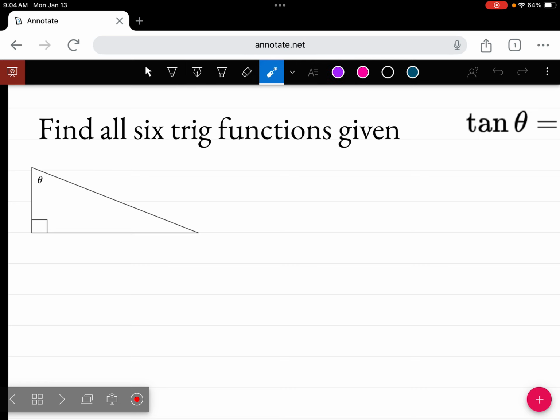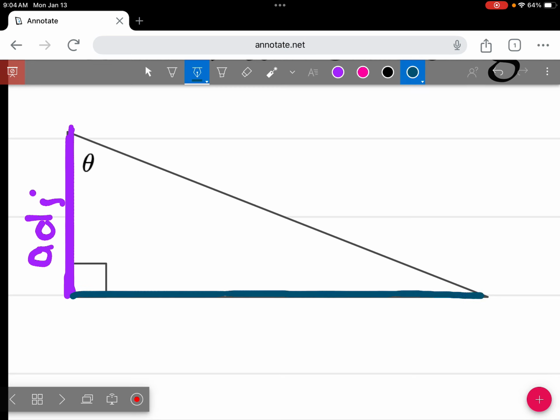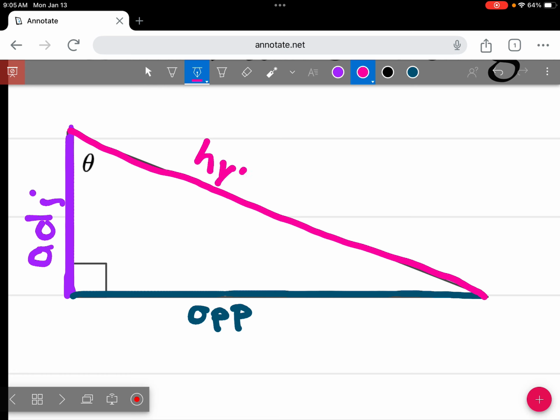So if we're looking at this as our theta here, that means this side is what kind of side? The adjacent. So this is our adjacent side. And this is going to be our opposite side. Because this one is always the hypotenuse.